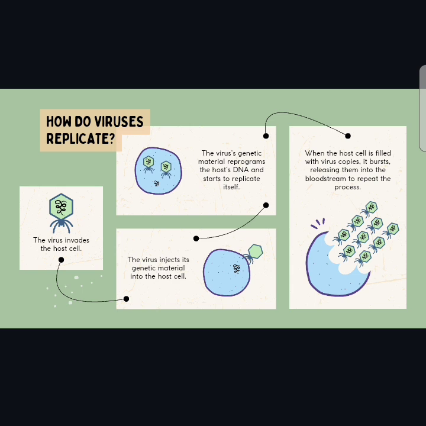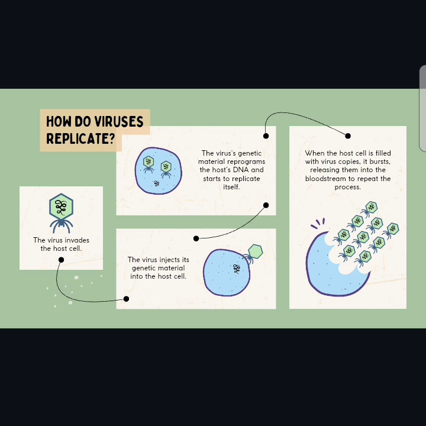The next step is that the cell builds many new viruses, and when it is full of those tiny viruses, the cell explodes and the new viruses go out to infect other cells. Again, these new viruses penetrate into other healthy cells of the body, and the cycle starts again.